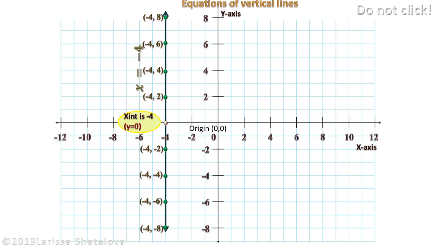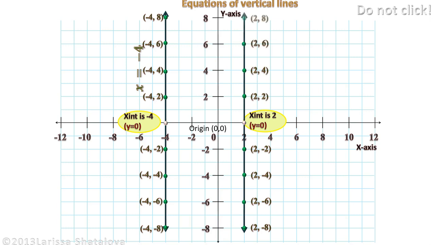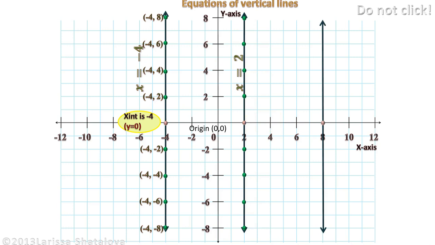Now the second line, the x-intercept is 2. And again, if you graph this line, going from the bottom to the top, x is all over the same. The x-coordinate is 2. This is why the equation of this line would be x equals 2. It's easy this way. Next line, the x-intercept is 8.